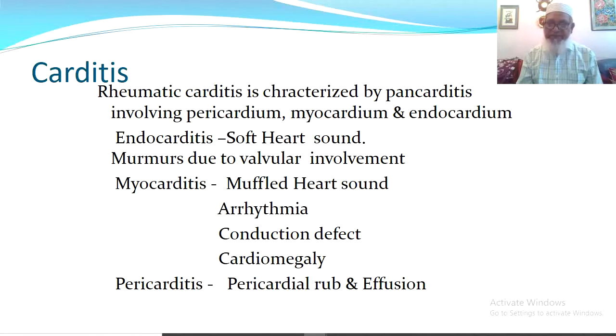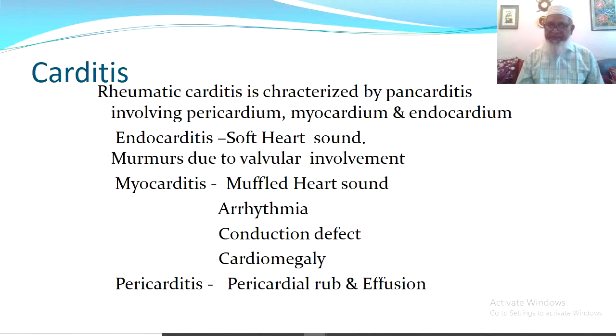When there is myocarditis, the heart sound becomes muffled, and there may be cardiomegaly, arrhythmia, and conduction defect. Pericarditis is either dry pericarditis, in which case you will get a pericardial rub, or there is pericardial effusion.